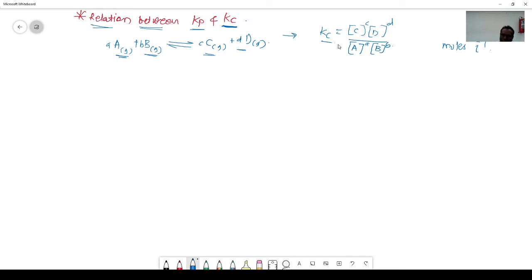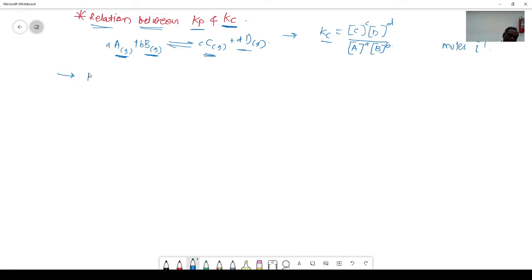Now since these are gas molecules, we know the ideal gas equation. Let's assume these reactant as well as product gas molecules behave ideally.